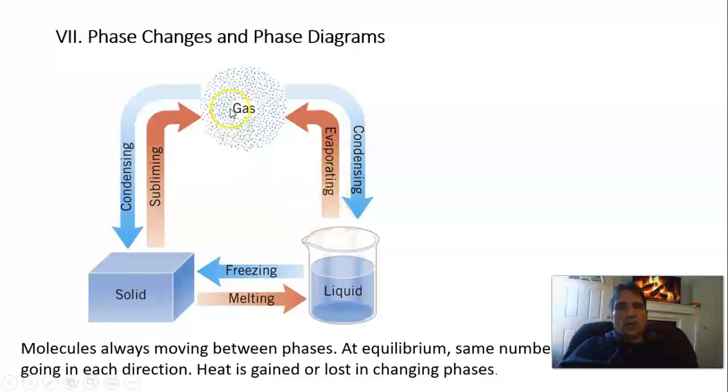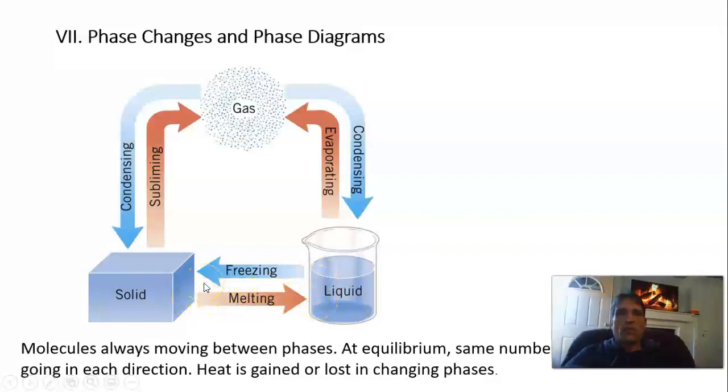And similarly, when you're going from solids to liquids at equilibrium, or at the freezing point, you have equal amounts of solids going to the liquid phase as you do going back from liquid to solid. And so for equilibrium conditions, the same number of molecules are going in each direction from each phase.